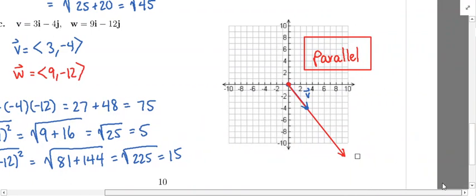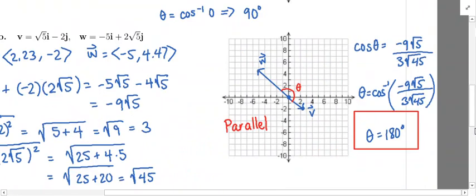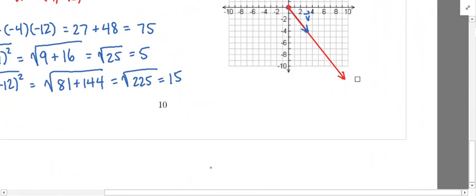We can go ahead and put this into our formula. The cosine of theta is equal to V dot W over the magnitude of V times the magnitude of W, so that's 75 over 5 times 15.